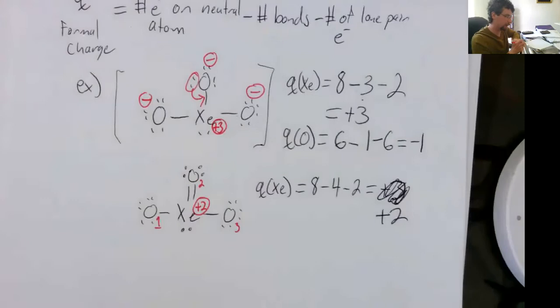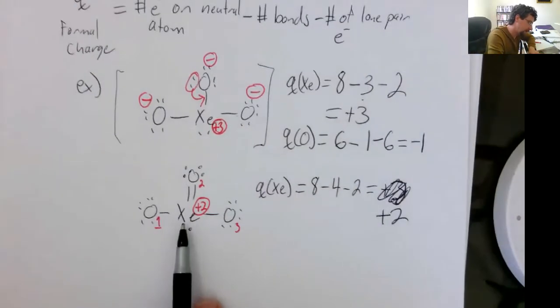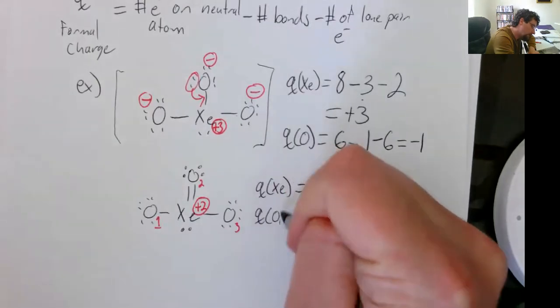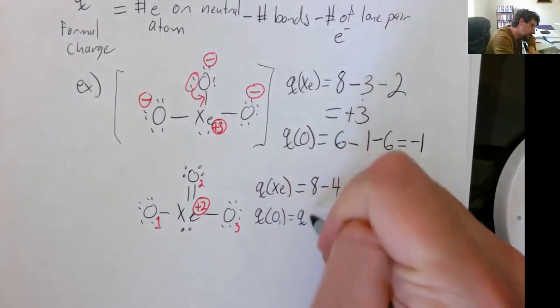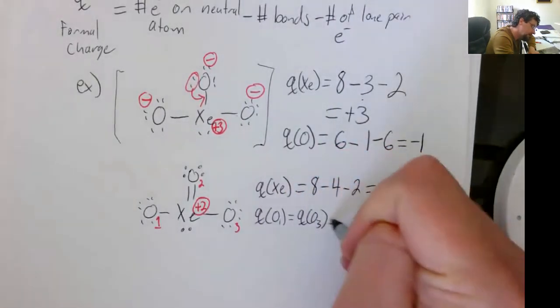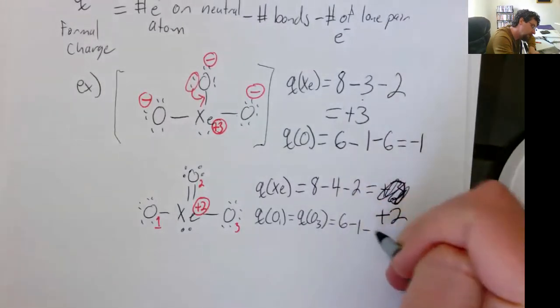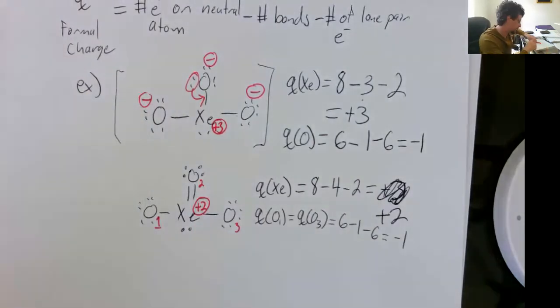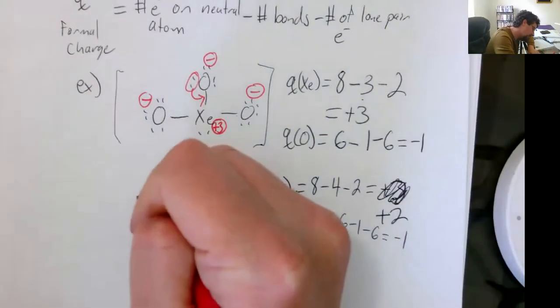So we're at a plus 2 there. If we calculate for oxygen 1, which will be equivalent to oxygen number 3, we get 6 minus 1 minus 6, negative 1, because if you notice, we haven't changed anything. So we end up with a negative.